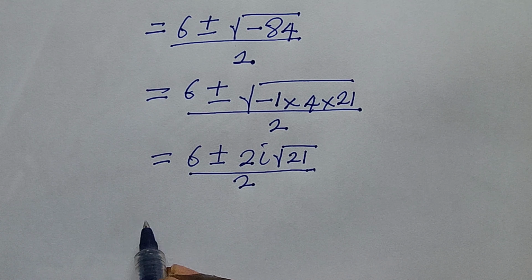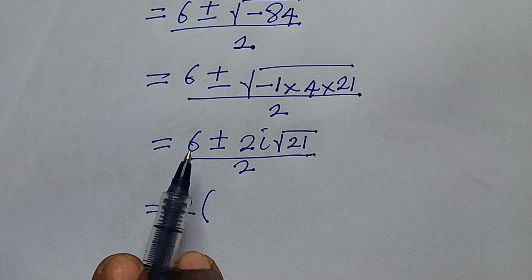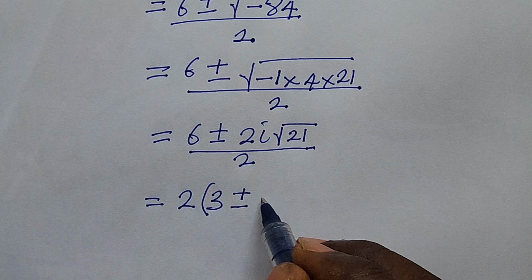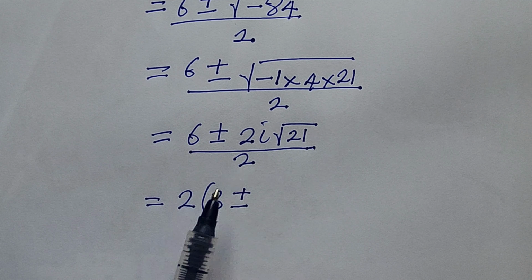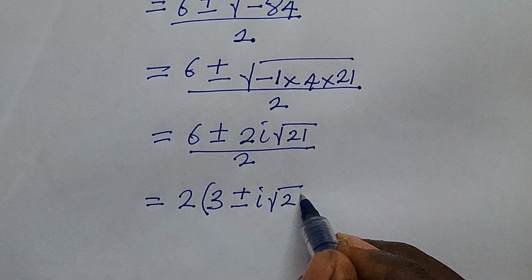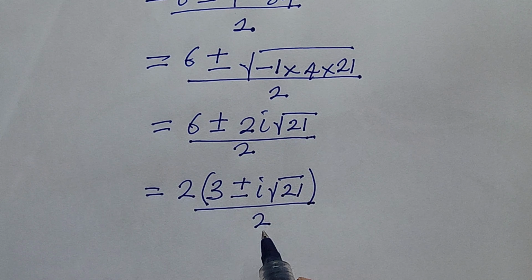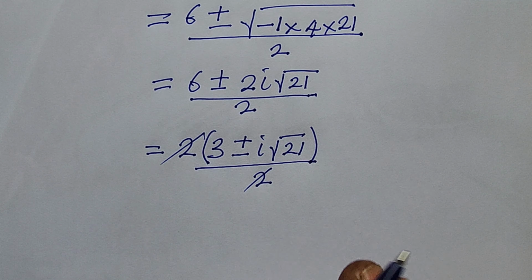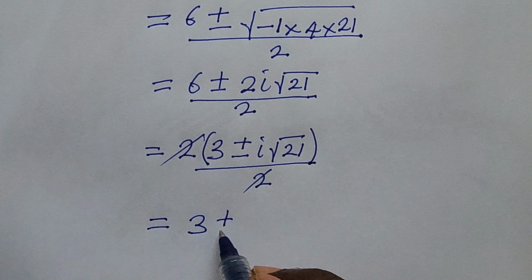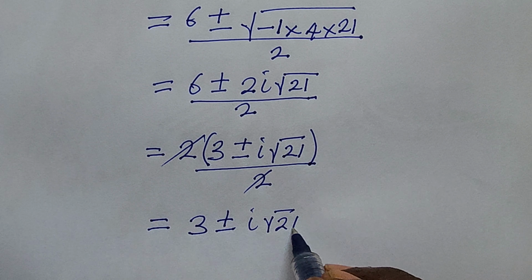This gives us 2 into (3 plus or minus i times the square root of 21), all over 2. We can use this to divide this, and we end up having 3 plus or minus i times the square root of 21.